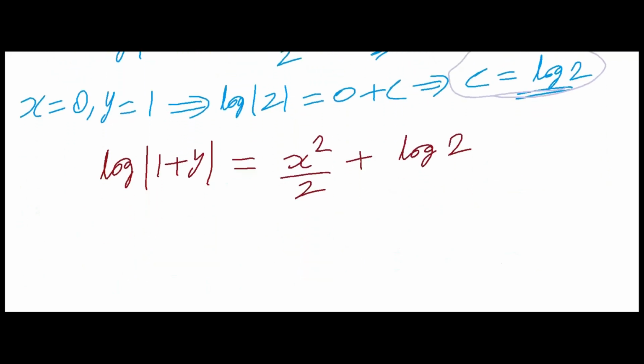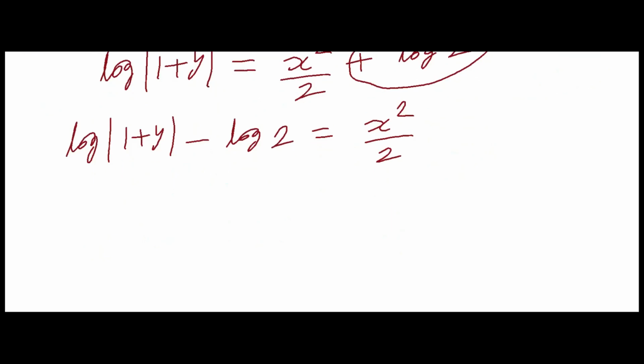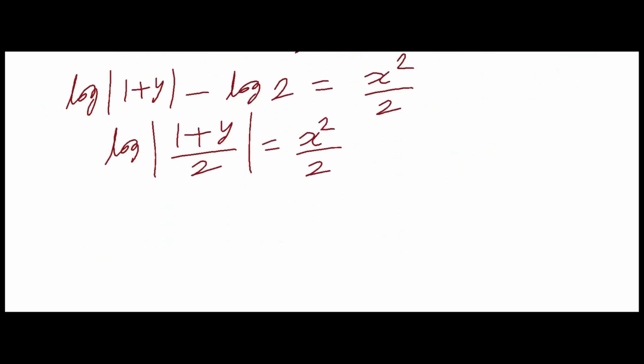If you want, you can even write this as this minus log 2. You can transpose it here, so it will become log of 1 plus y minus log 2 is equal to x square by 2. You can write further as log of (1 plus y) divided by 2 is equal to x square by 2. If you want, you can even remove this log, and then you can write this as e to the power of x square by 2 is equal to (1 plus y) upon 2.